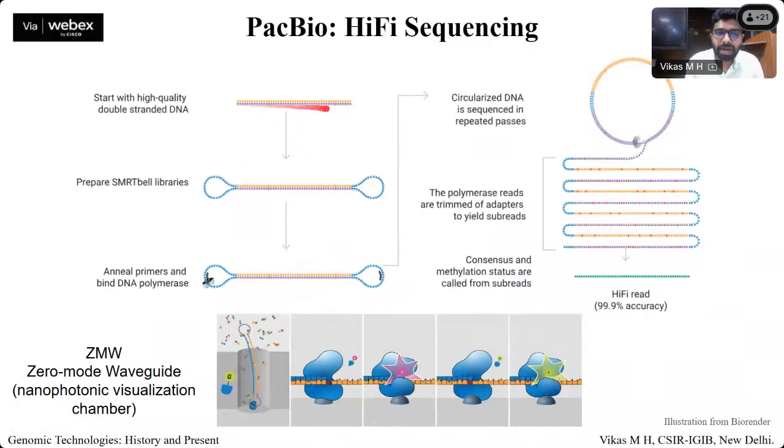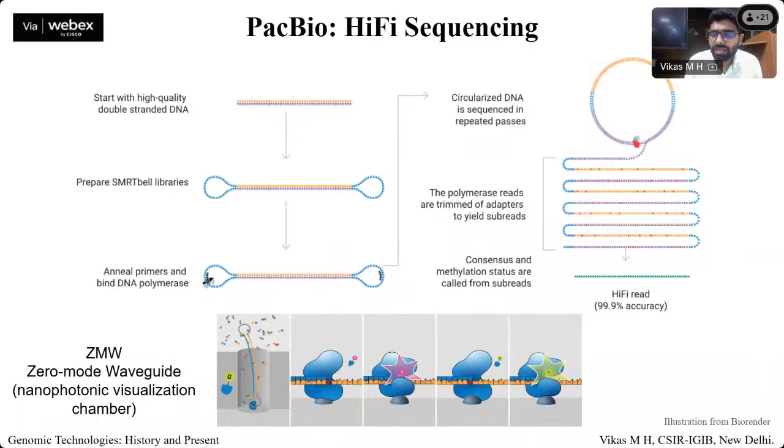Whenever you have a fragment of DNA, they add two end sequences of DNA called SMRTbell libraries, where these particular DNA make the whole template DNA into a circularized DNA. So once the zipping starts, this will be converted into a circular DNA.